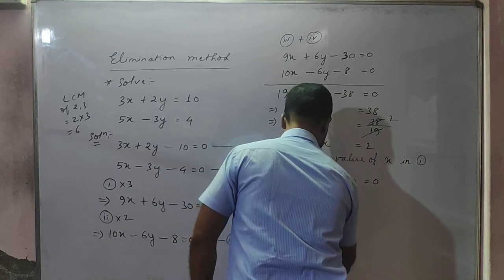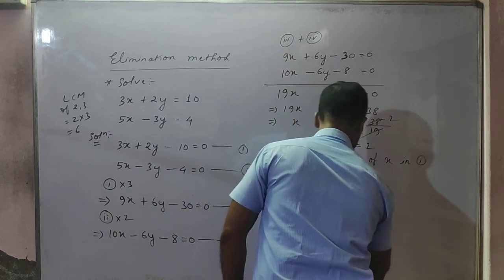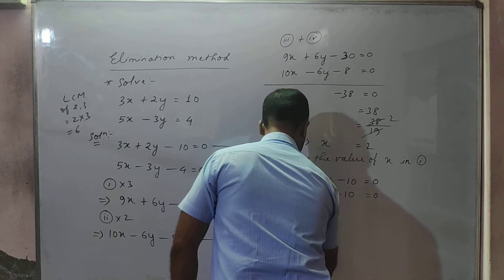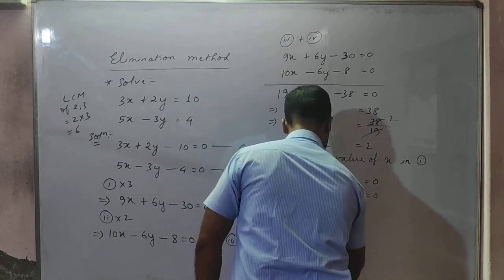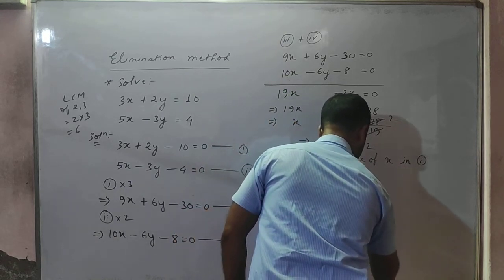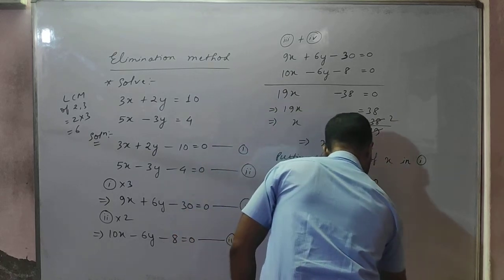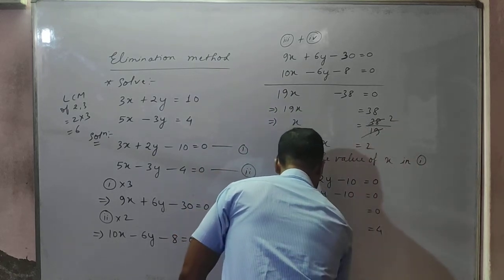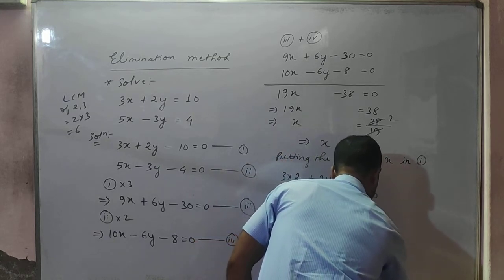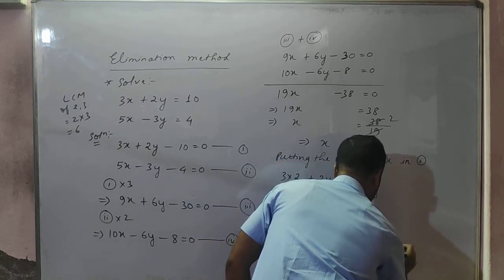6 plus 2y minus 10 is equal to 0. 2y, 6 minus 10 is minus 4, is equal to 0. So that means 2y is equal to 4. That means y is equal to 4 by 2.